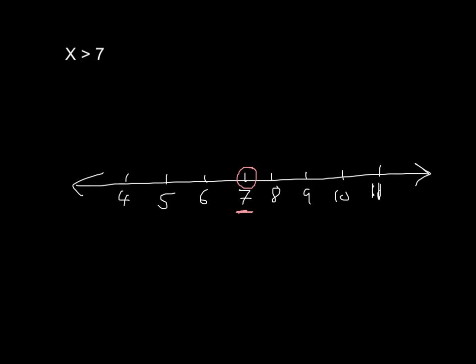Well, 8 is greater than 7, and 9 is greater than 7, so I'm going to color in all the areas to the right, and I'm going to color in the arrow itself, because it shows that it goes on forever. And this empty circle means that it does not include 7. It says it has to be greater than 7.